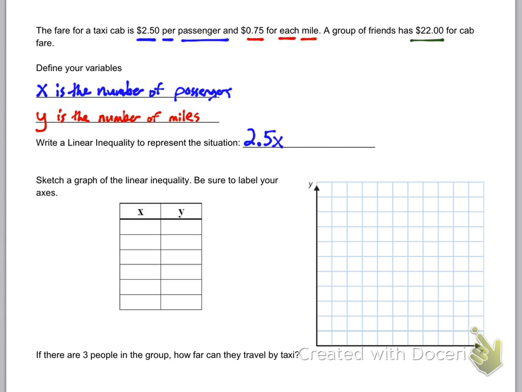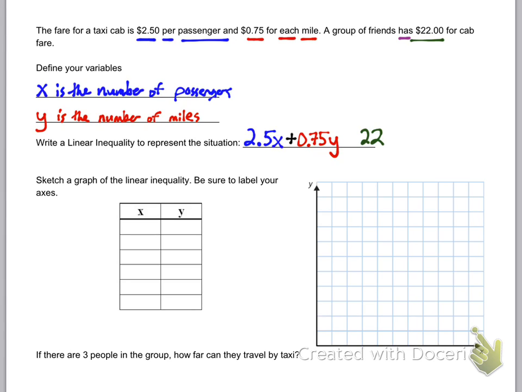So, $2.50 per passenger, so 2.5 times the number of passengers, x, plus 75 cents for each mile, so 0.75 times y, and that is related to 22. Now, it's not equal to, we need to figure out which inequality this is. The key here is the word has, and you have to think about how money works.